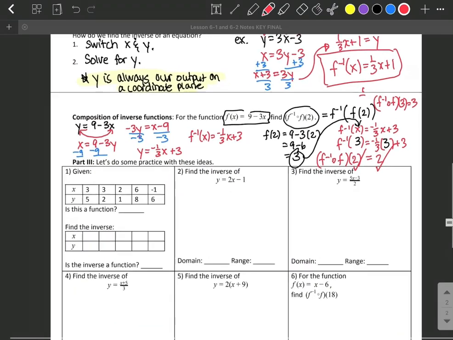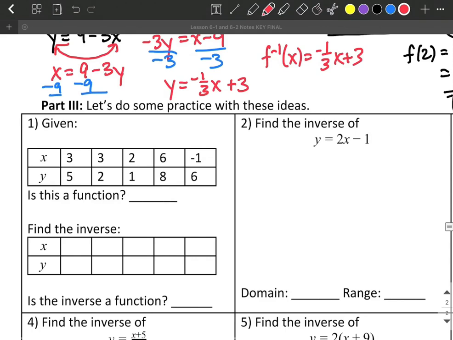All right, so now for part 3, we're going to do some practice with these ideas. The first question, I have a table given to me, and I want to talk about whether it is a function or not. For something to be a function, I know that for every x value, there should only be one y value. But if I look here, x is 3 gives me 5 for y, and x is 3 gives me 2 for y as well.